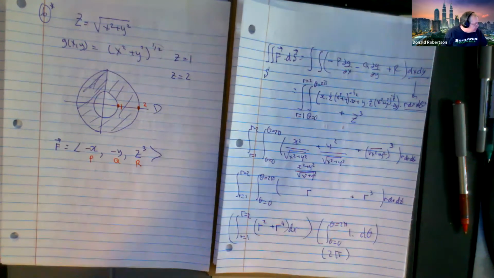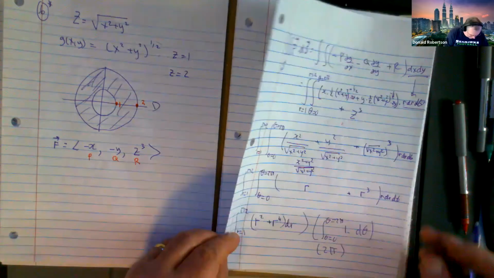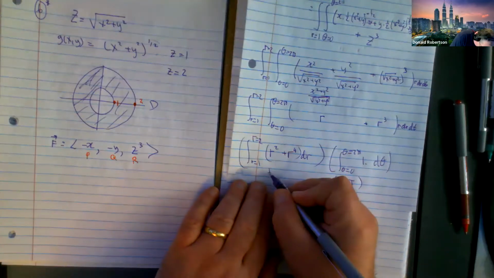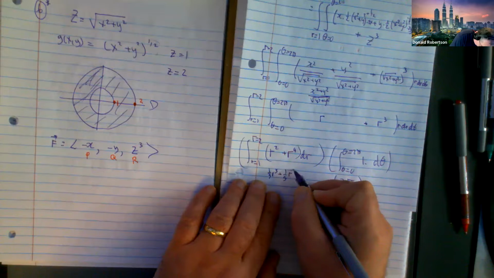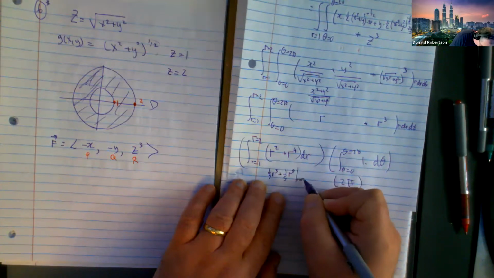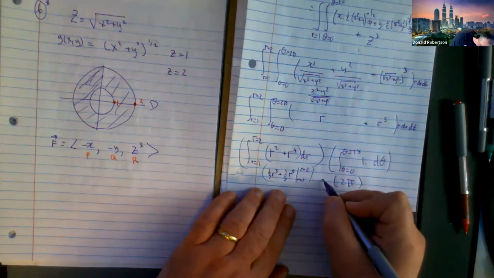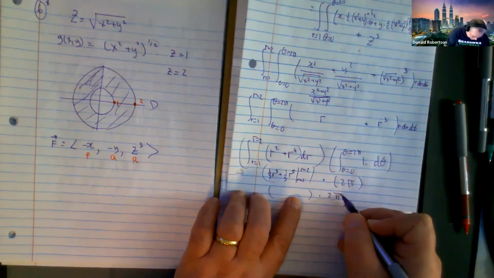What's the answer to this thing going to be? I was trying to look up the answer, but it's not there right now. Okay, this is going to be 1/3 r cubed plus 1/5 r to the 5, evaluated at 1, evaluated at 2. So times 2 pi. So I'm going to have something times 2 pi.